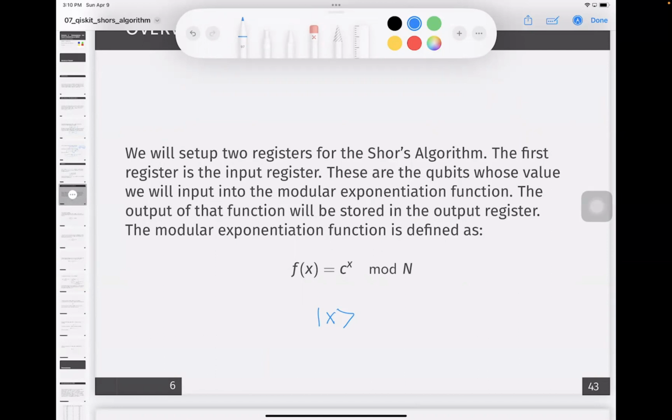And then the output register, which initially is equal to 0.